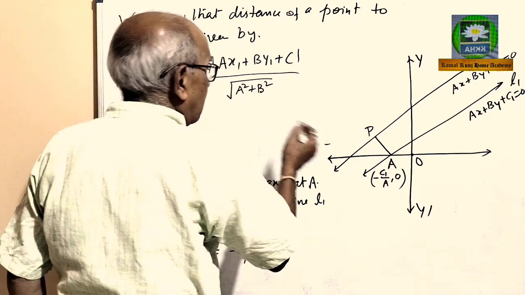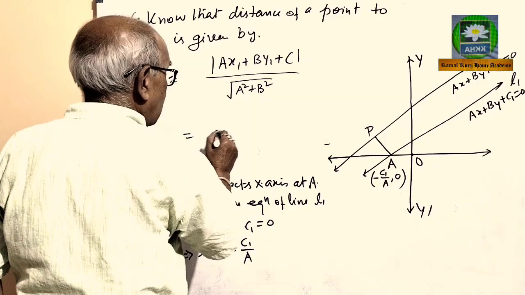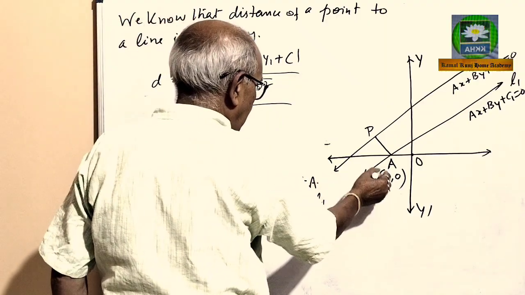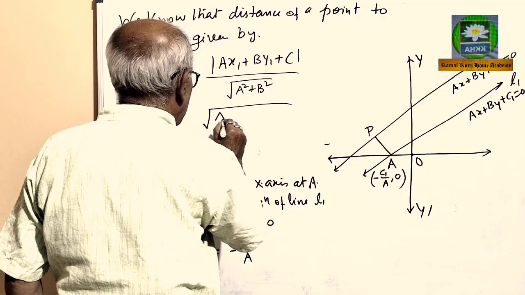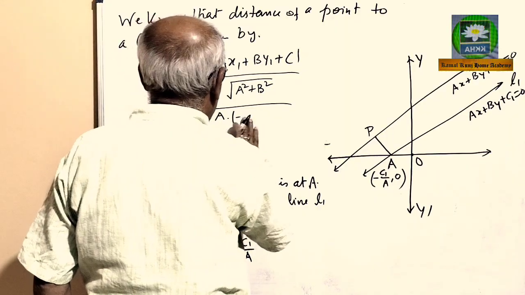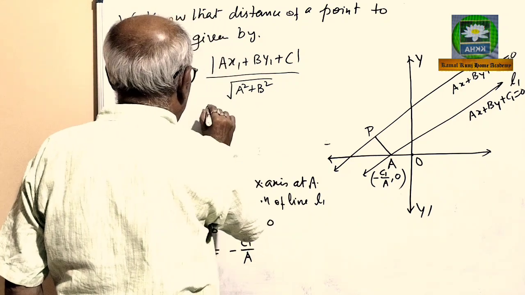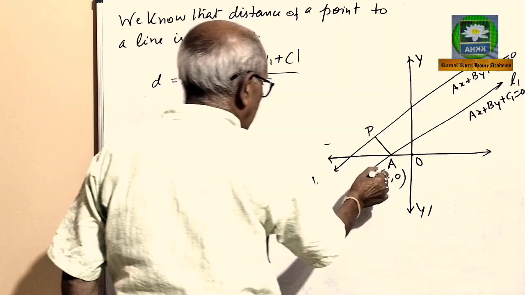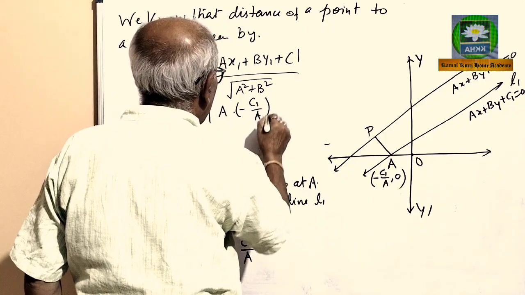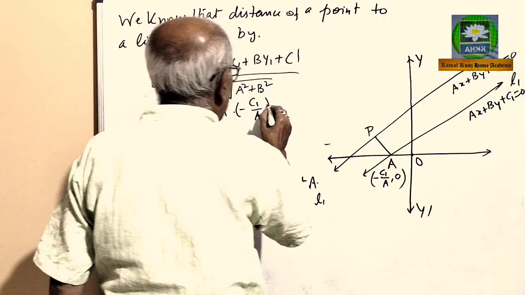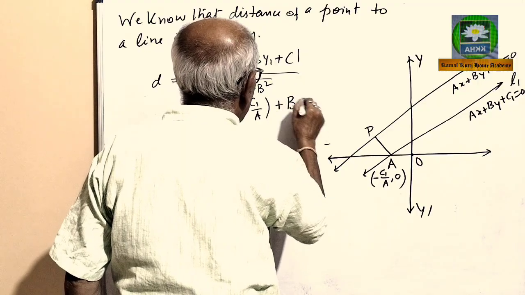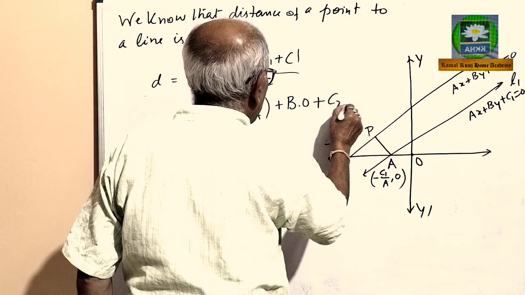So here x is minus c1 upon a, so a into minus c1 upon a, y is 0, plus b into 0, and c is c2.